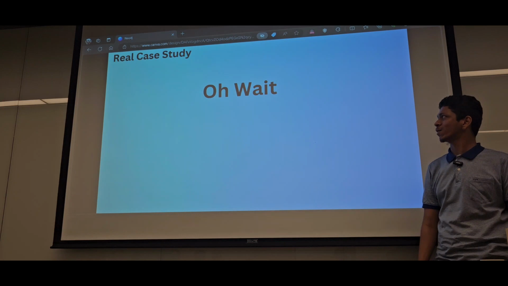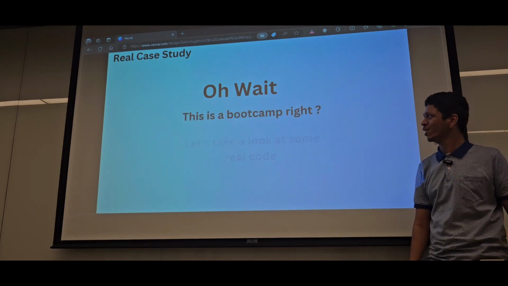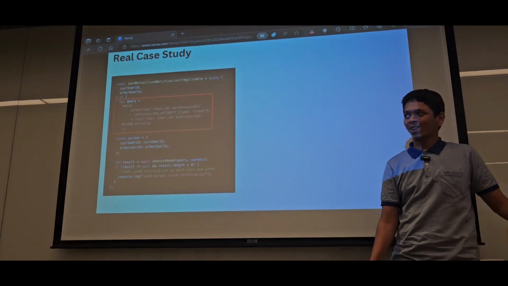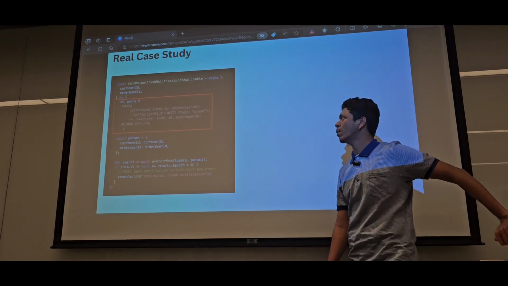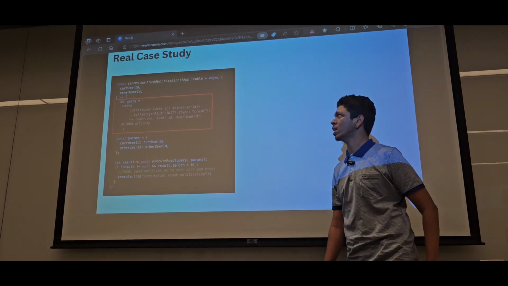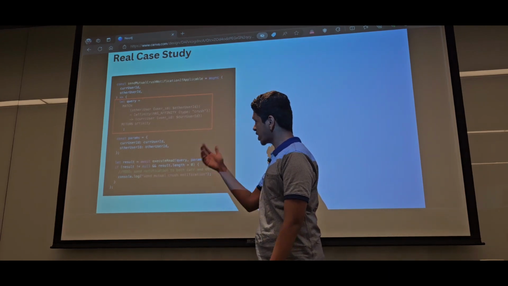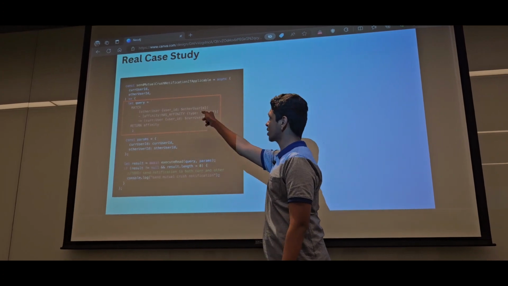Oh wait, bootcamp, right? Where is our machine? Okay, let's take a look at some real code. This is the function definition of send mutual crush notification if applicable, which takes 2 parameters, current user ID and other user ID. We are doing something simple. We are trying to check whether that other user has marked the current user as crush.